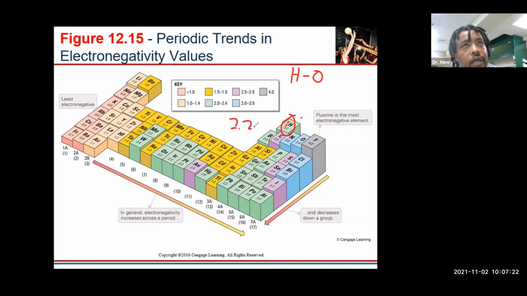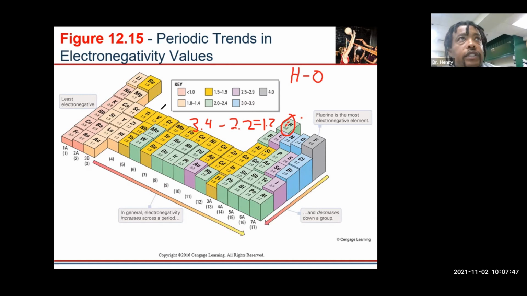Oxygen is stronger, so we put that first: 3.4. The difference between the two is 1.2. That means the bond between hydrogen and oxygen is going to be a polar bond.